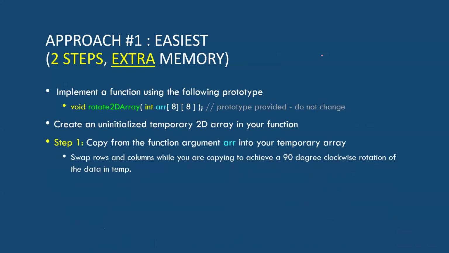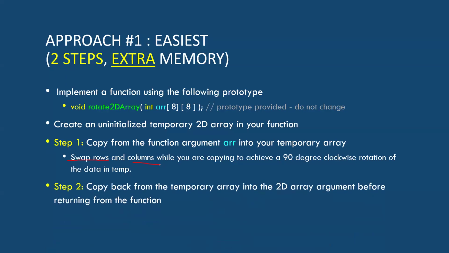So one strategy is just to create an identical 8 by 8 array internally and copy information from the 8x8 array argument. In the process of copying it, you're going to swap the rows and columns. And that is going to essentially do the rotation for us, and then copy that back.